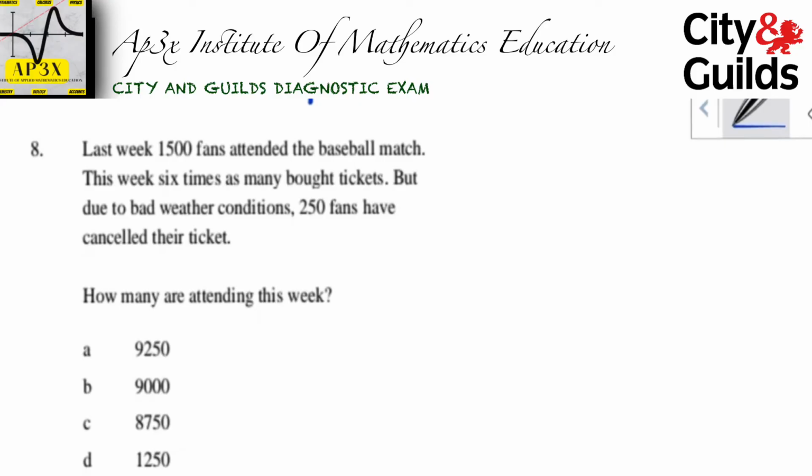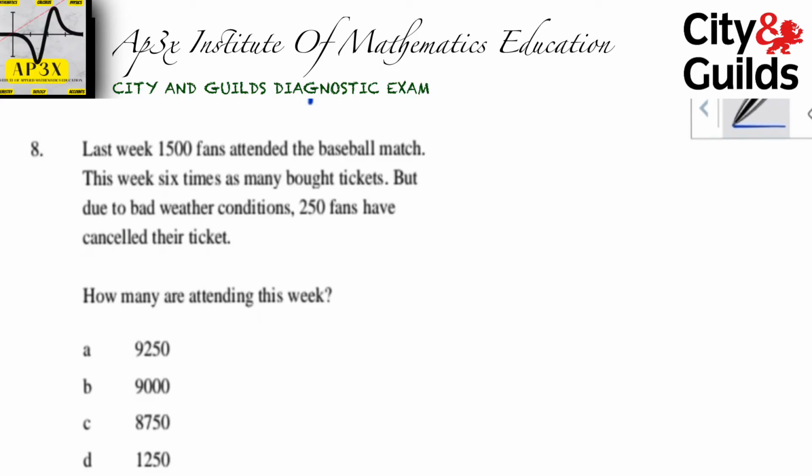All right, so here last week 1,500 fans attended the baseball match. This week 6 times as many bought tickets, but due to the bad weather condition, 250 fans have cancelled their ticket. How many are attending this week?